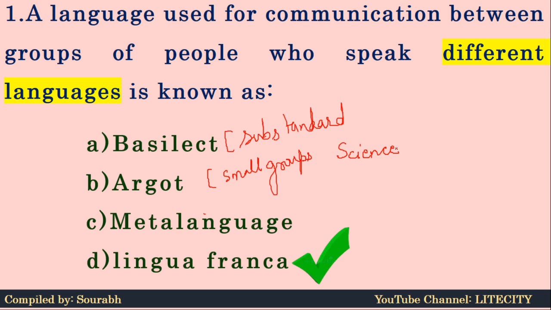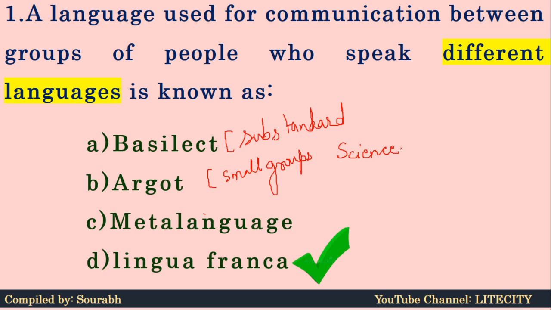It is understood only by that particular class. Metalanguage is talking about language, thinking about language, how languages have evolved. While our answer lingua franca is the language which is used for communication between groups of people.